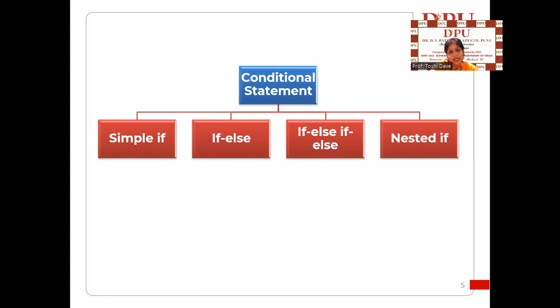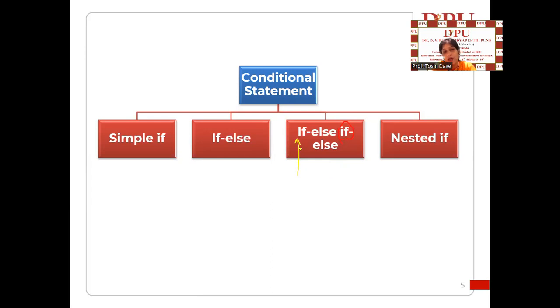Else if is for when you have more than one condition. Condition one will be written with if, and for that condition's false part, on getting that condition false, you want to apply a new condition. For that, you have to write if with the else part. Condition one will be written over here with this if.